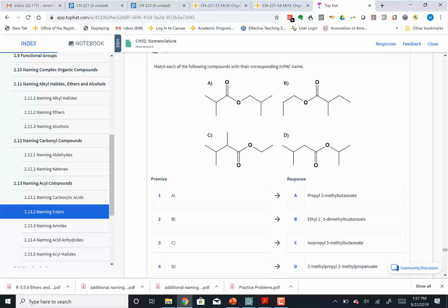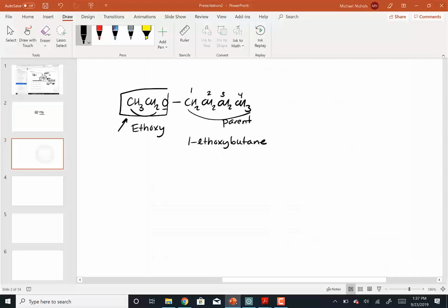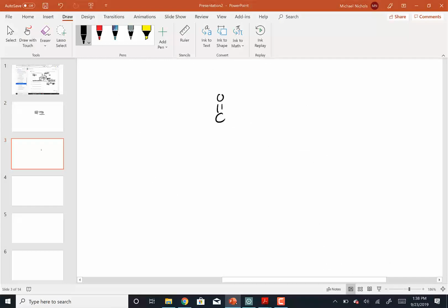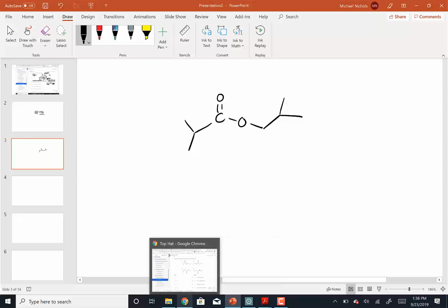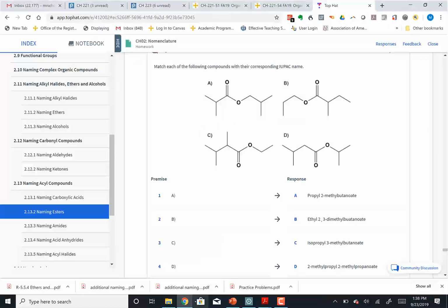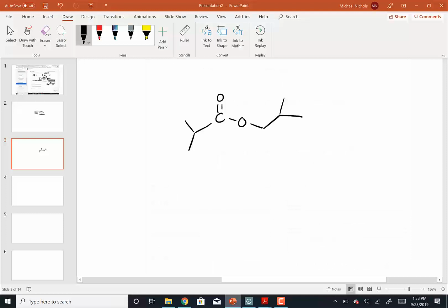Let's take A. I think that's A. Make sure we've got an isopropyl group on the left. That's not going to be called an isopropyl group, but just, and then we've got another group on the right. Okay, so that's the first one. So what would its name be?